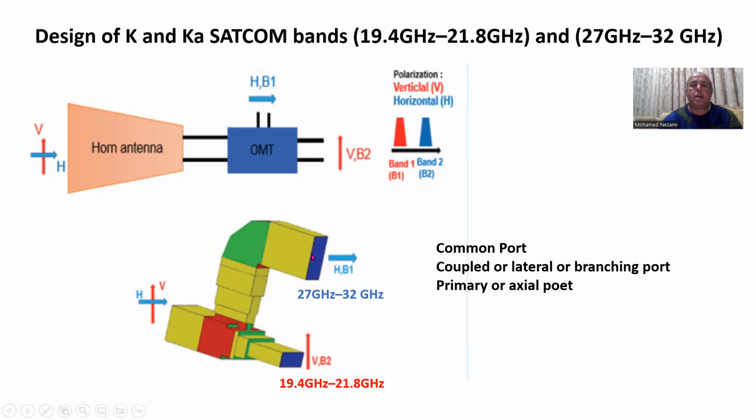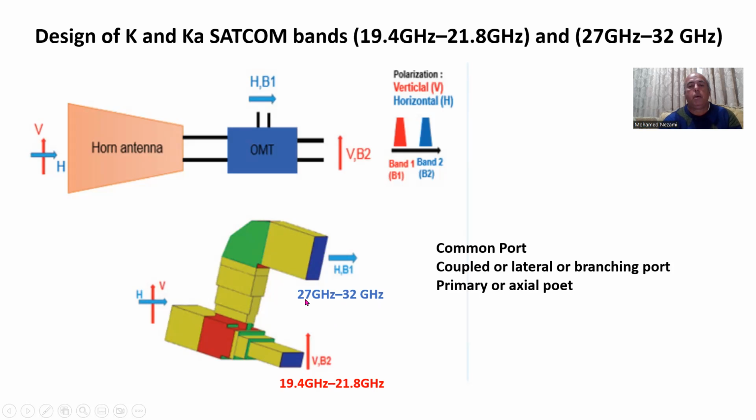You can see from the size of the waveguides that these two are for two different frequencies. Or what we could do is transmit a signal at this frequency here, and the signal will go out. And on the reverse side, we have a circular polarized signal where we want to pick up just the horizontal piece that comes in here for the receive band, or vice versa.